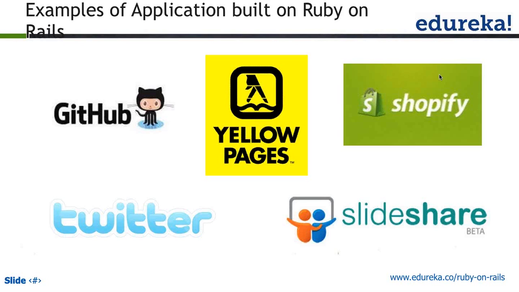Some other applications written in Ruby on Rails are Twitter and Yellow Pages. Shopify is a solution using which you can create your own shopping cart. There is SlideShare, then there is Groupon. There are lots of them.